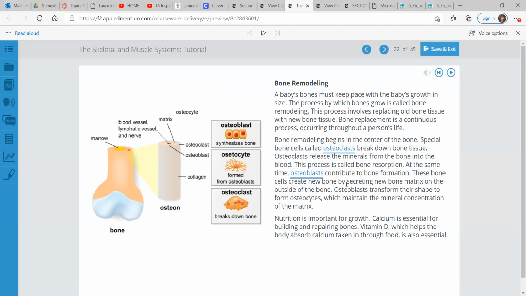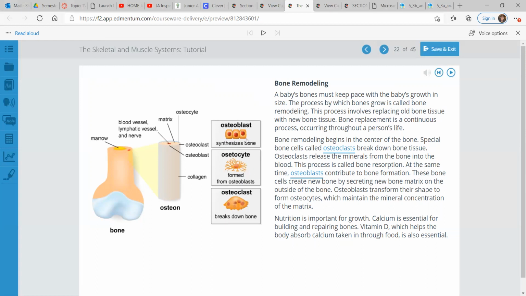So here we go. This picture breaks it down. Osteoblasts are creating new bone. Osteocytes, that's a misspelling right there, are formed from osteoblasts, and these guys are maintaining the mineral concentration of the new bone matrix.